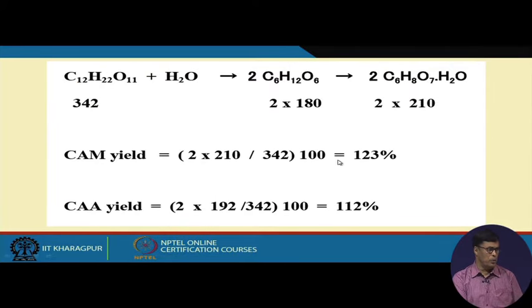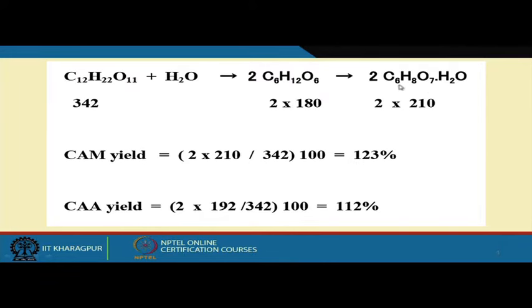Now this is the stoichiometry of citric acid production. This is how your sugar, which is comprised of glucose and fructose, 2 moles of C6H12O6, produces 2 moles of the CAM, what we call citric acid monohydrate.